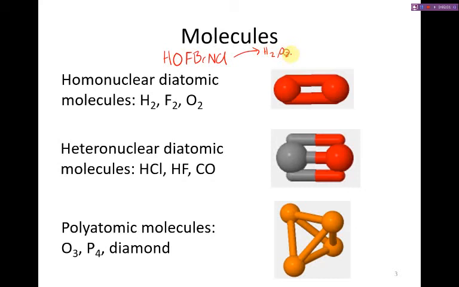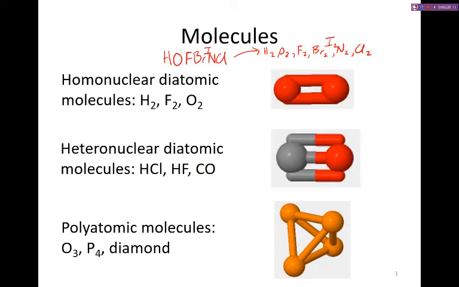Hydrogen, oxygen, fluorine, bromine, nitrogen, and there's an I in there, iodine, and chlorine. Then we have heteronuclear diatomic molecules, which means that there's two atoms and two elements.